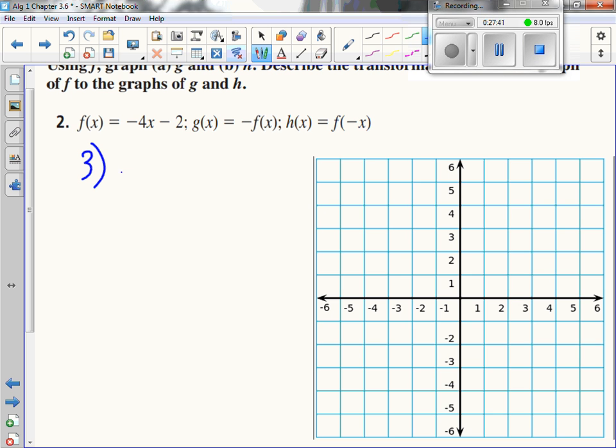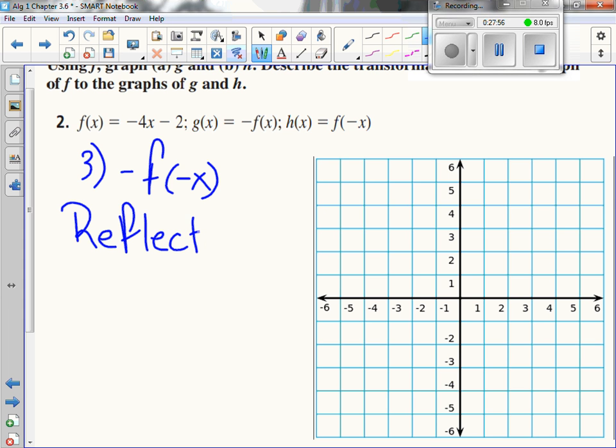Before we move on, I want to throw another one at you. This isn't listed here, but what would negative f of negative x be? It'd be a reflection, because the negative outside is a reflection, the negative inside is a reflection.